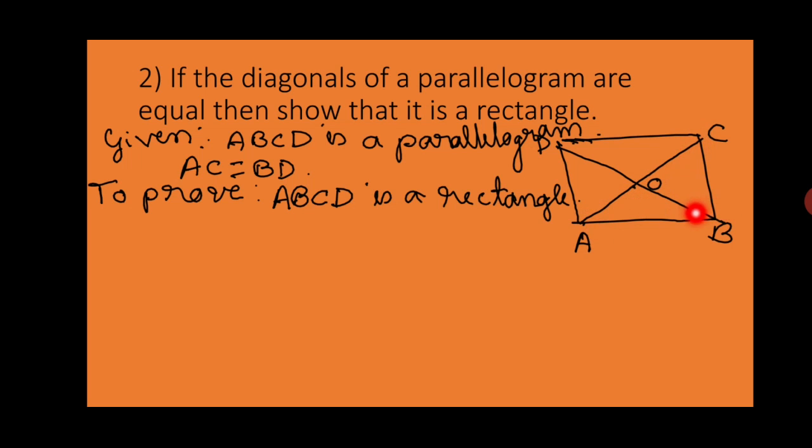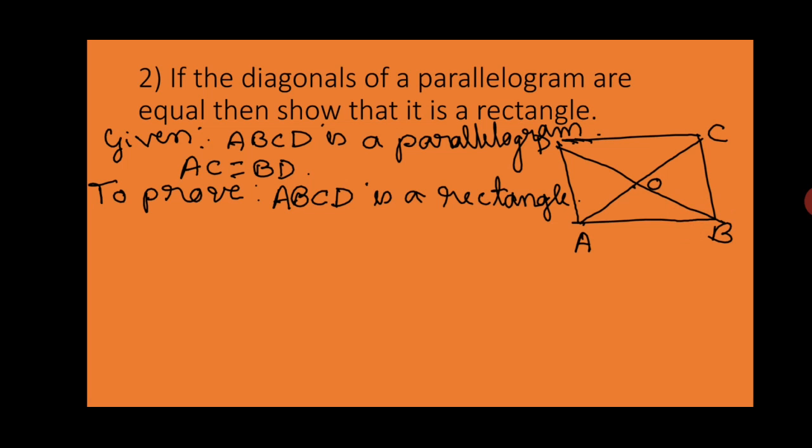Similarly, if angle B is equal to 90 degrees, then angle D also measures 90 degrees because opposite angles of a parallelogram are equal. Then we can say it is a rectangle. So we have to say angle A and angle B are equal and it is equal to 90 degrees, right?